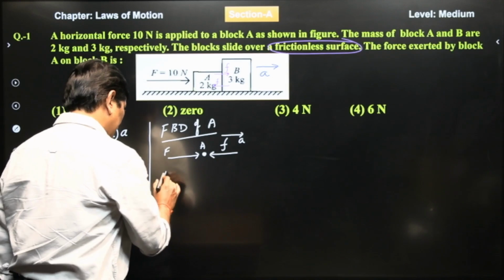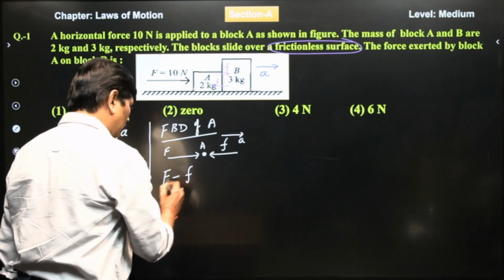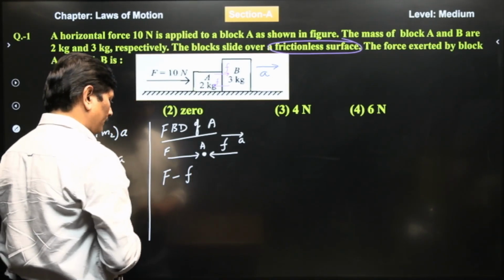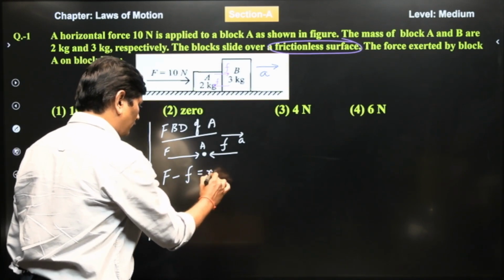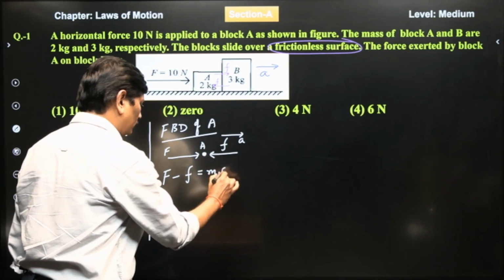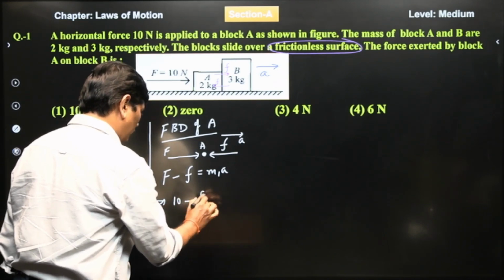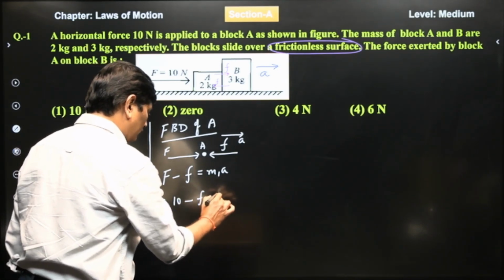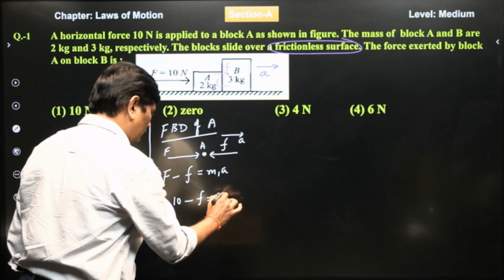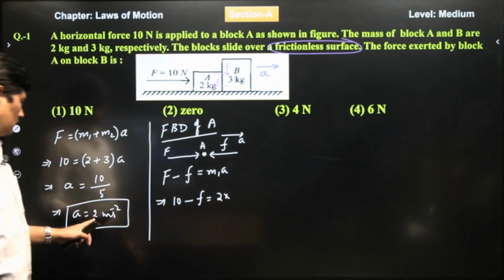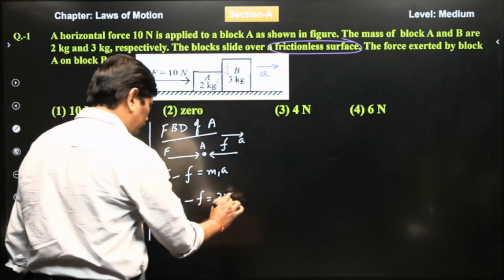Again applying the Newton's second law, net force acting on the block A, F minus f, is equal to its mass m1 into A. So, this is 10 minus f, you have to find. m1 is given 2 kg. A we already found, that is 2.